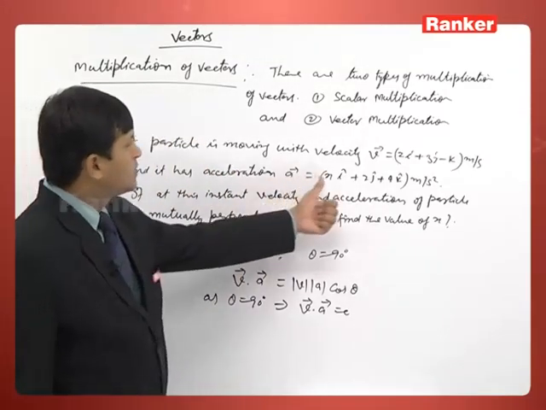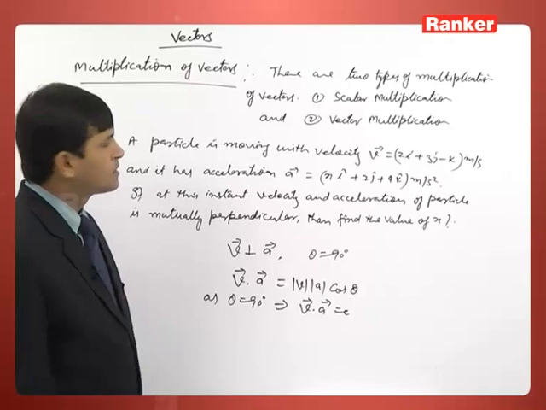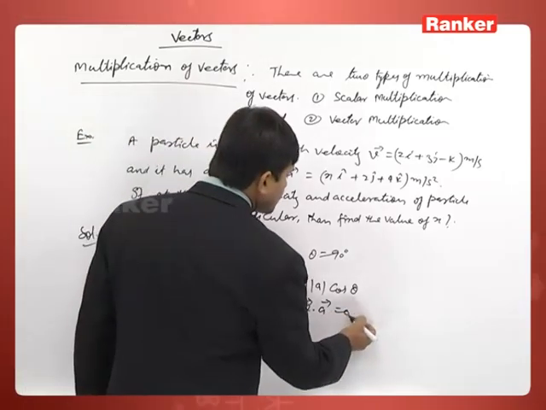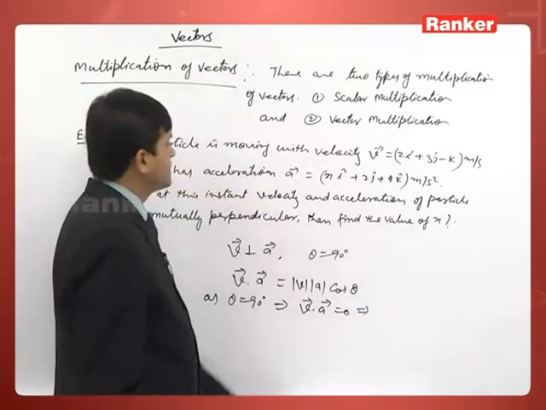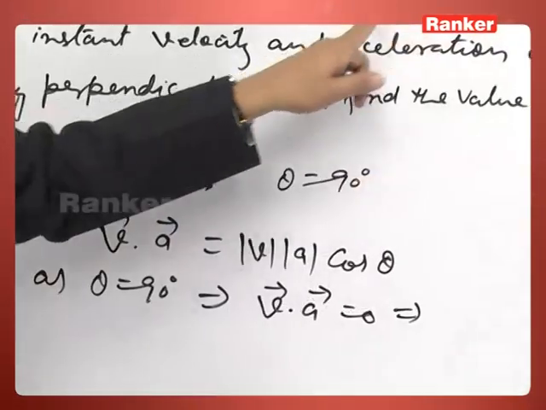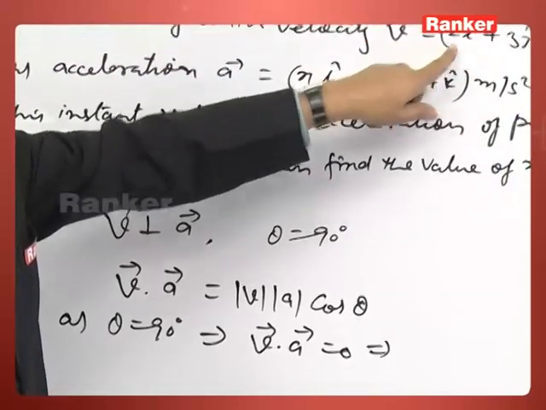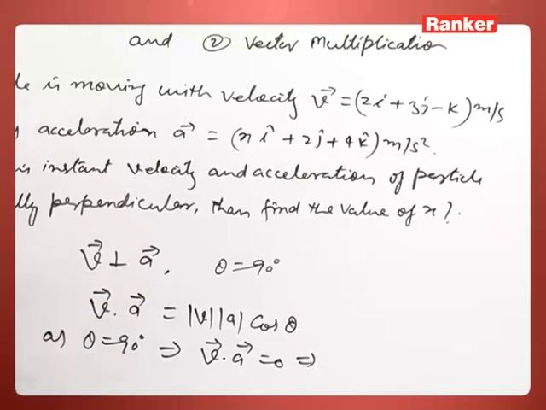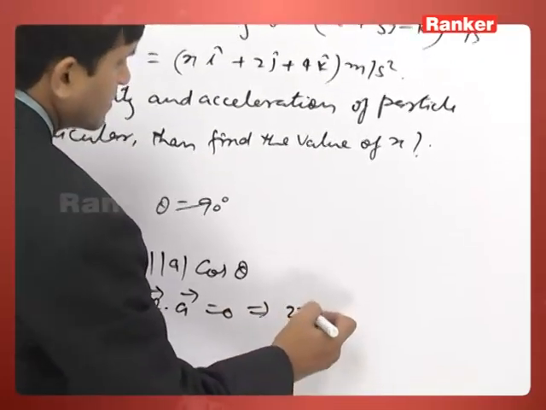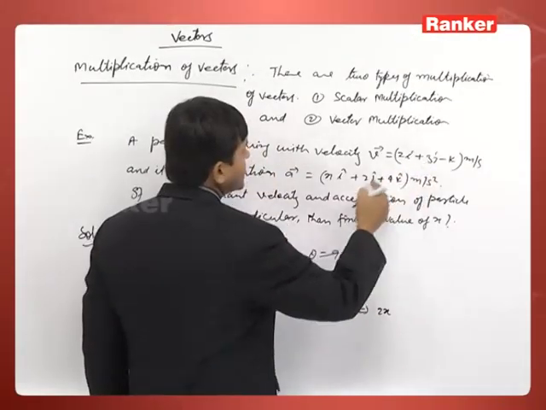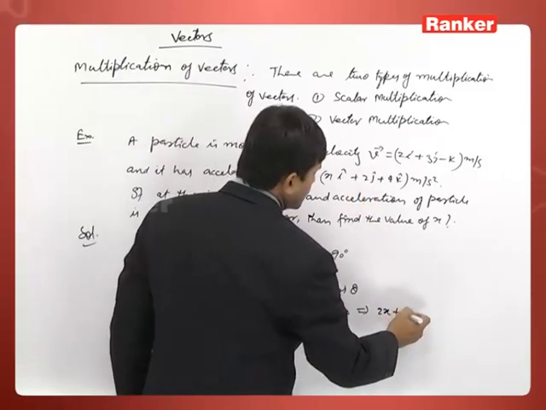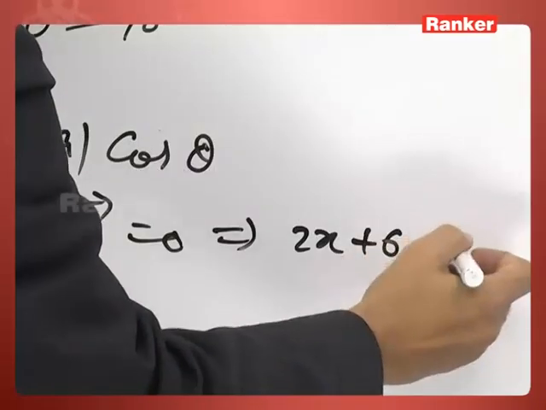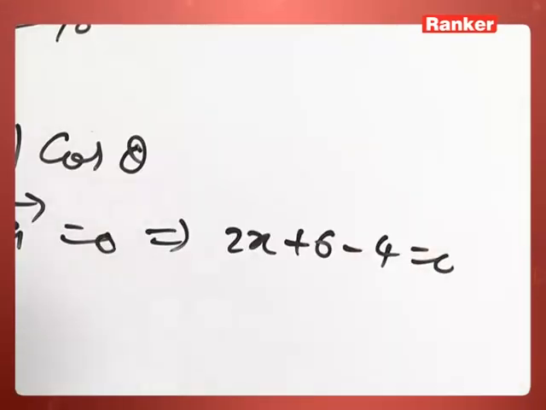So, what we will do? We will do the dot product of velocity and acceleration and make it equal to 0. V dot A means the same coefficients we will multiply: i and i multiply gives 2x, then j and j, 3 and 2 is 6, and then k, 4 and minus k, minus 4, which is 0 here.